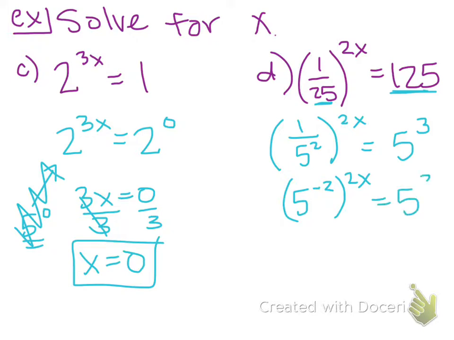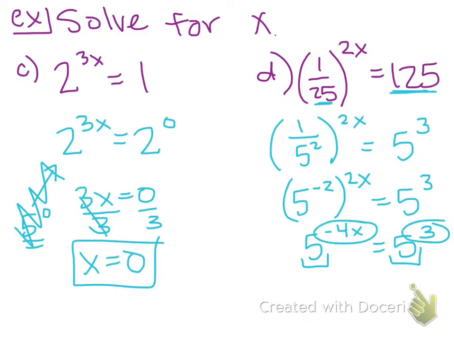And now we're going to multiply our exponent, so this will become 5 to the negative 4x power. Now that I did all this work, I have my bases. They are the same, so we set those exponents equal. So negative 4x equals 3. We divide by negative 4 to get x by itself, and we get x equals negative 3/4.